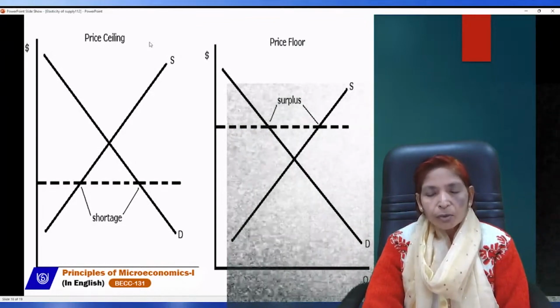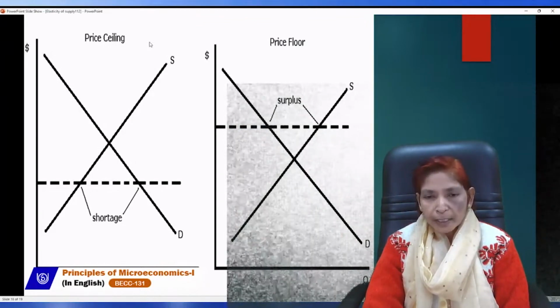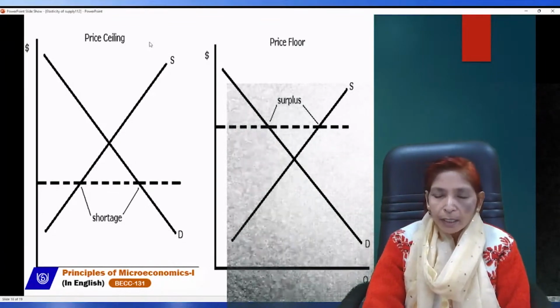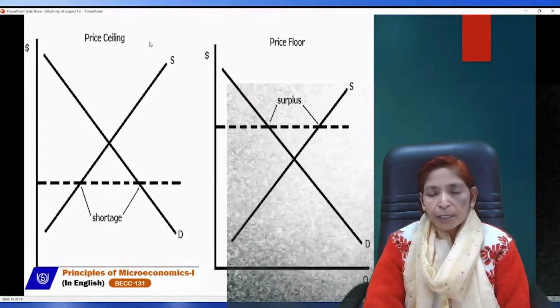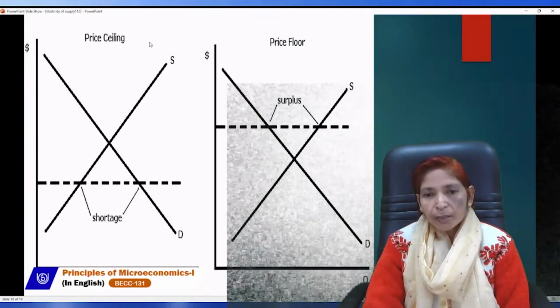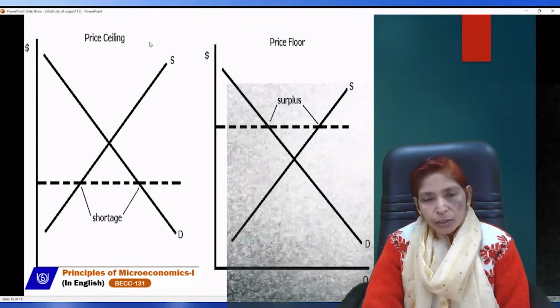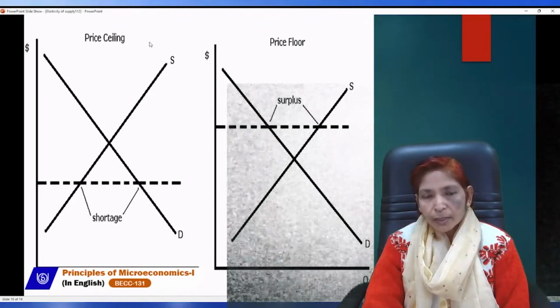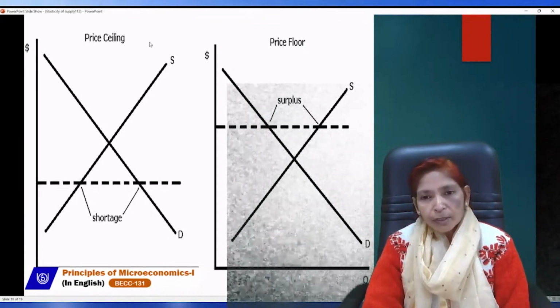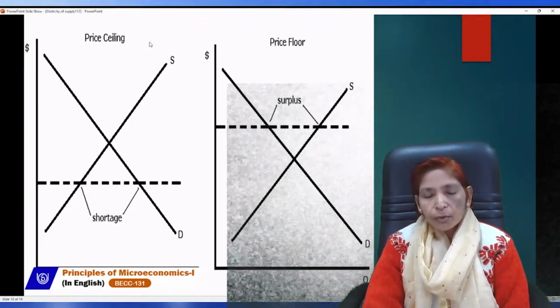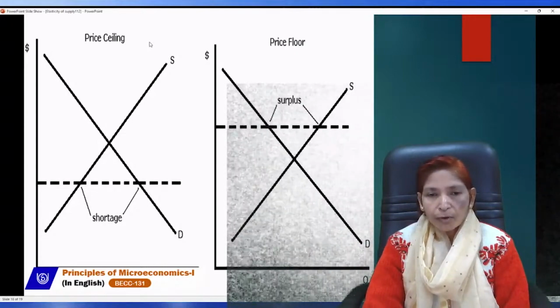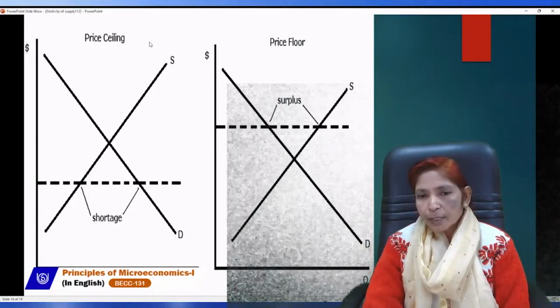Price floor is also known as minimum support price. Its name is minimum price, but it remains always above the equilibrium price. It shows a situation of surplus, because when price rises, as you notice there is a positive relationship between price and supply, supply will rise, and due to the rise in price, demand will fall. So this shows a surplus situation.